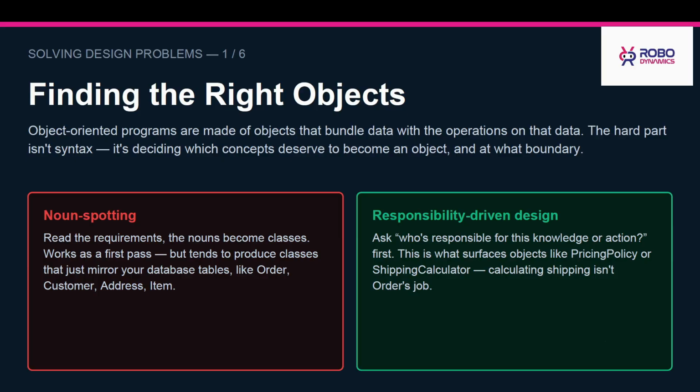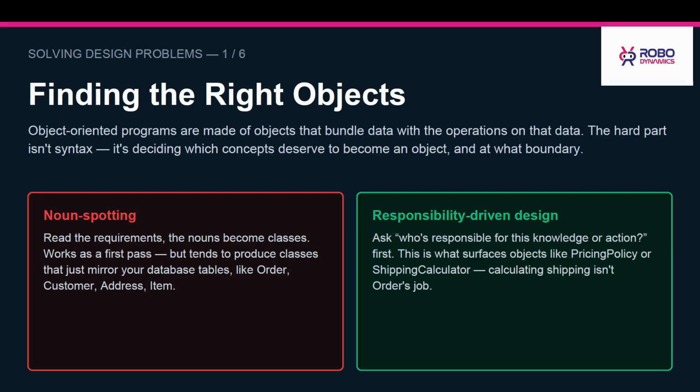Blindly they design an order class, customer class, address class, item class. 98 people out of 100 do that. Do you do that? Then you are not doing a good job. You are not supposed to just replicate tables as classes and do object oriented projects. Why? I'll tell you.